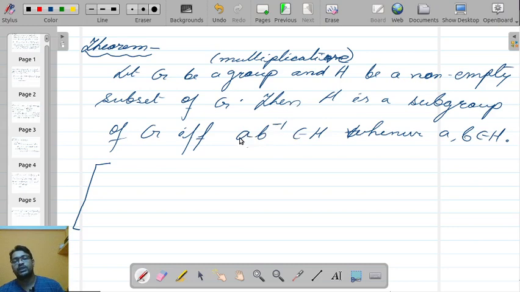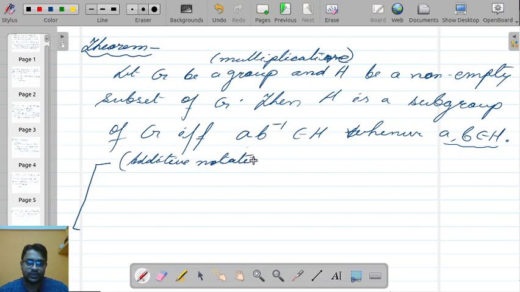So given any elements in H, the composition of A with B inverse should be an element inside H, that is the thing. So in additive notation we can write it this way. I'll do both the cases for you so that it's clear. Even if additive notation is asked in the exam, you will be able to write it.